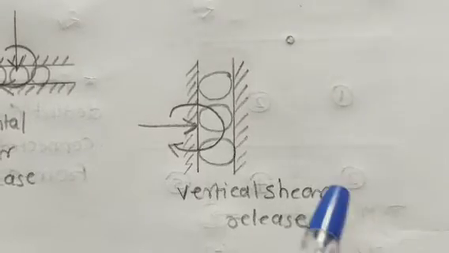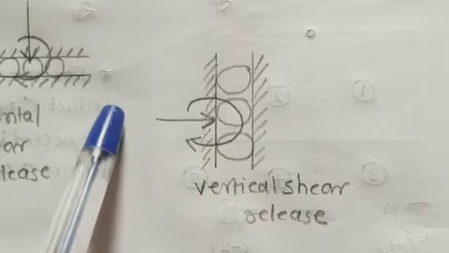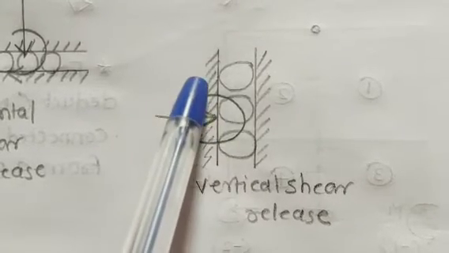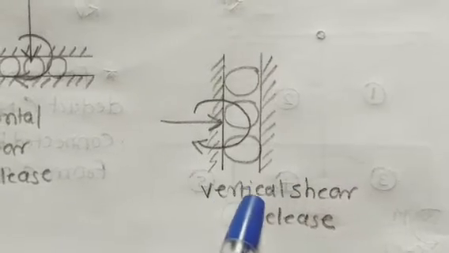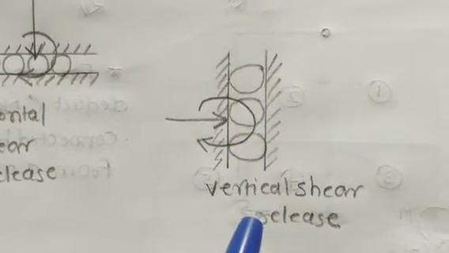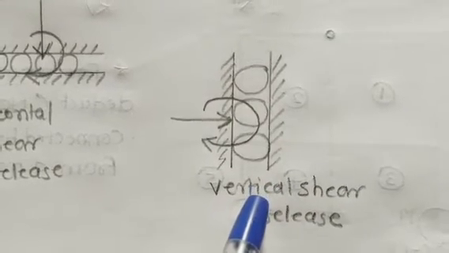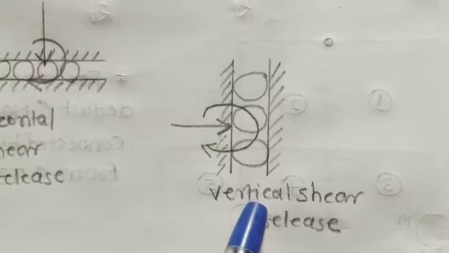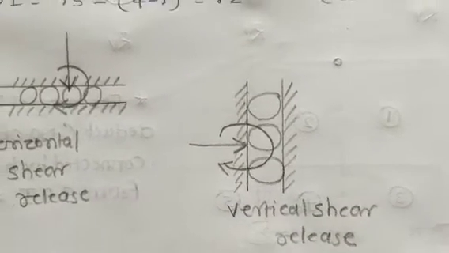Similarly, vertical shear release means this support moves vertically. There is a resistance in horizontal direction and for rotation, means vertical shear release has one release which is vertical. You have to deduct the release for that particular support from the calculated static degree of indeterminacy.